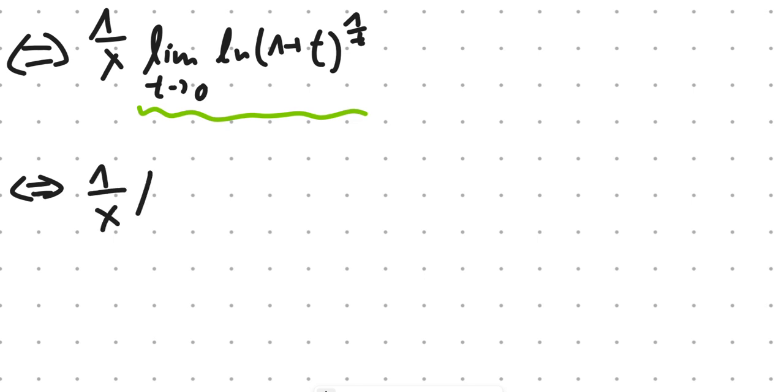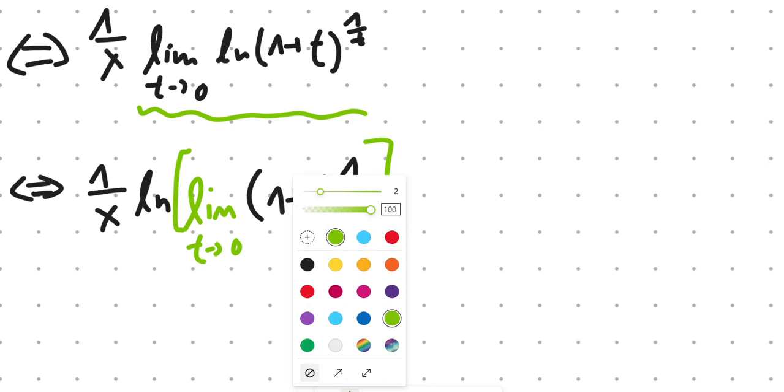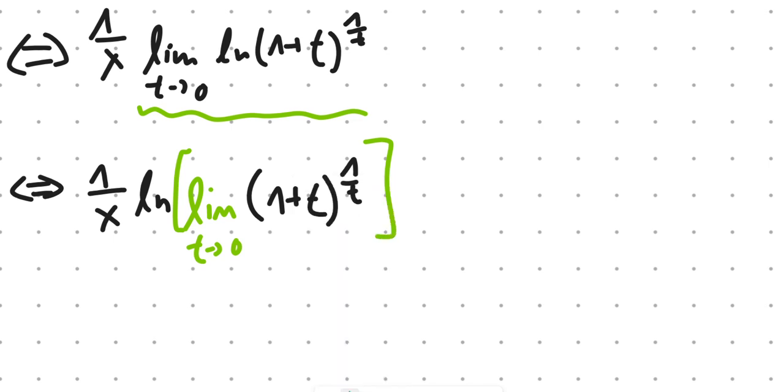So indeed we would have the ln, and then we would take the limit as t approaches 0 of (1 plus t) to the 1 over t power, and this is what we are going to get. Now I'm going to make another substitution which would not change the limit. I'm going to let n equal 1 over t, so that we get rid of this one.